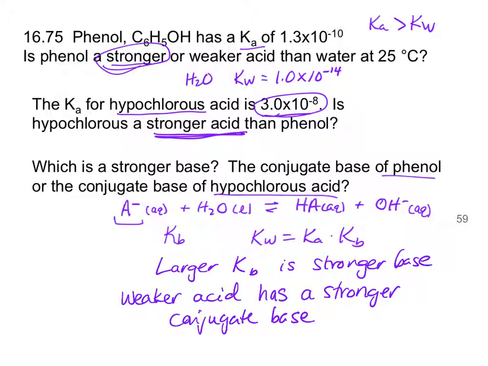And that's because the conjugate base is more likely to pick up a proton to reform the acid and OH minus. Okay, so for this question, the weaker acid is phenol, with 1.3 times 10 to the minus 10 Ka. So its conjugate base is stronger than that of hypochlorous acid.